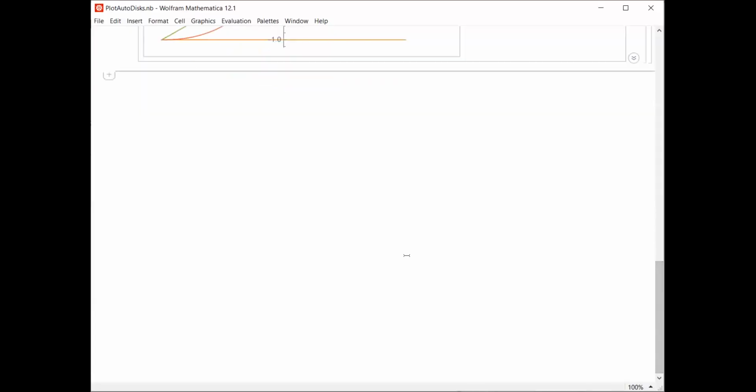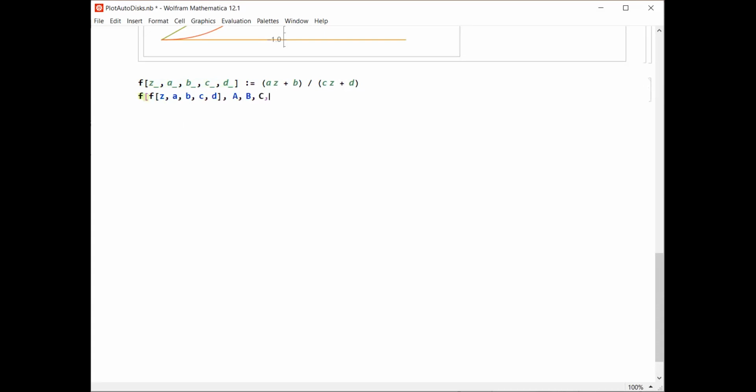And so what I want to do now is share screen. So let's go F of Z, A, B, C, D. It's going to be AZ plus B over CZ plus D. And then let's look at F of Z, A, B, C, D. I can't do that.